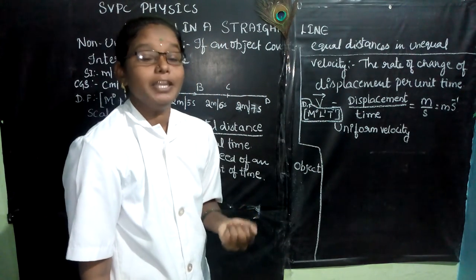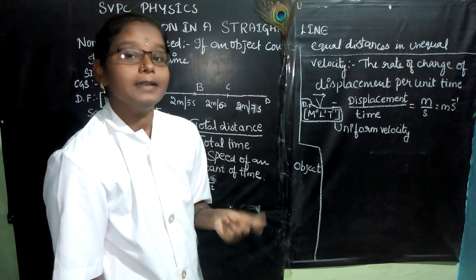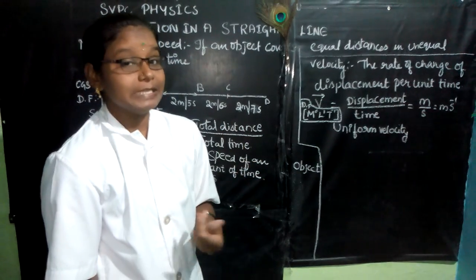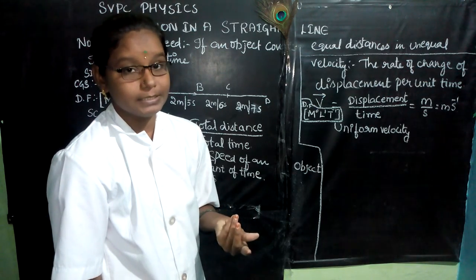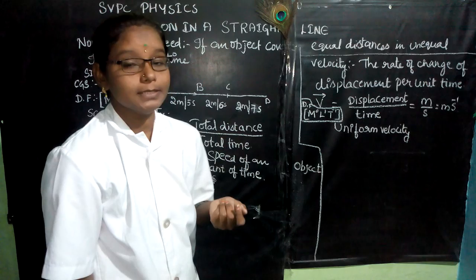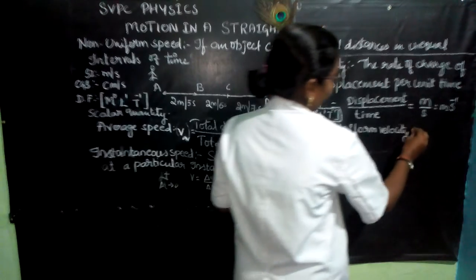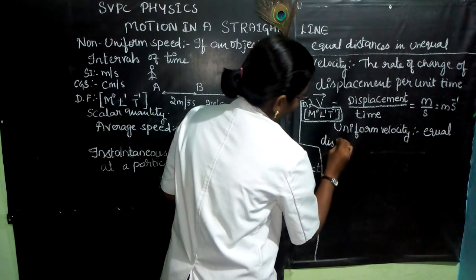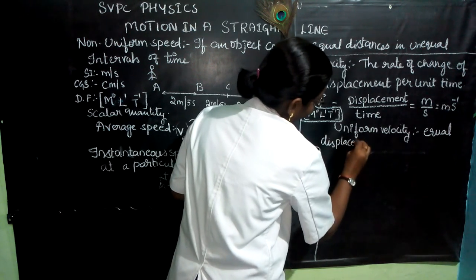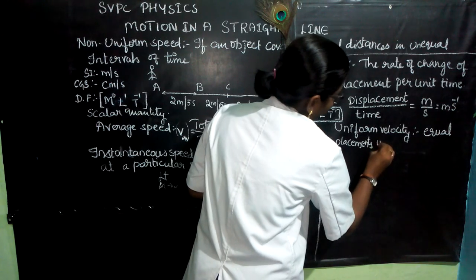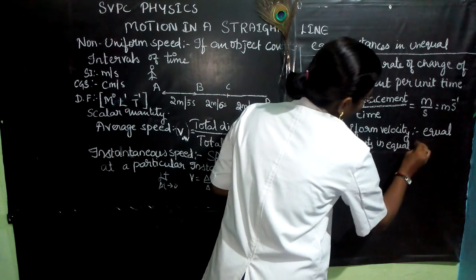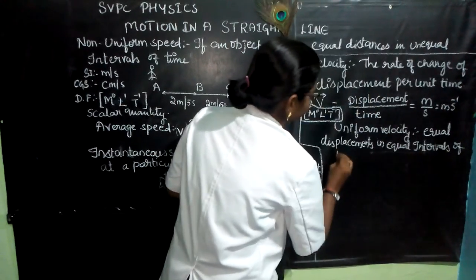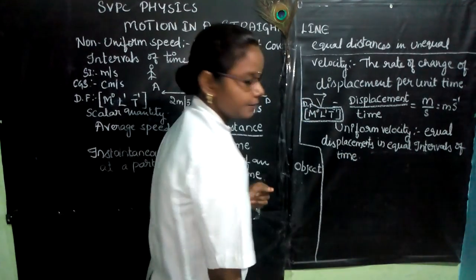Uniform velocity is what? If an object covers equal displacements in equal intervals of time, then that is called uniform velocity.